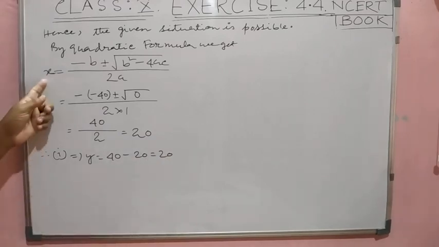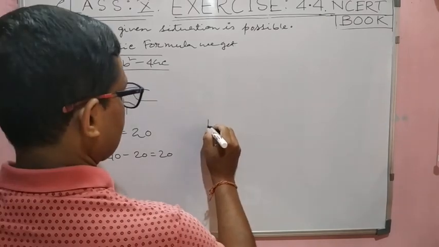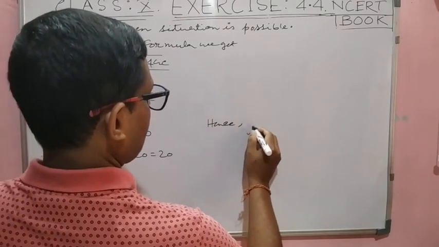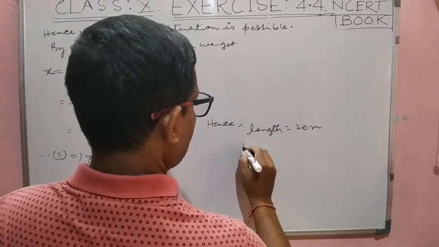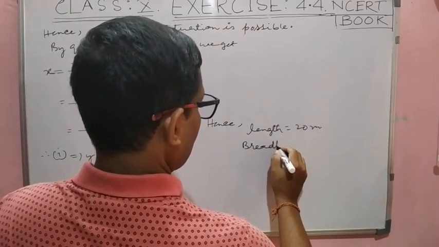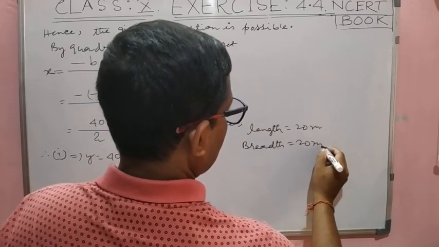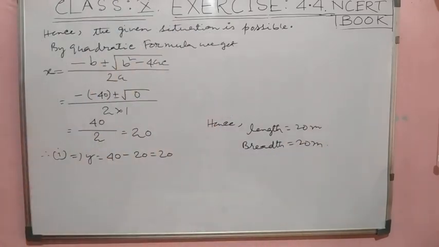Thus value of x is 20, value of y is 20. Hence length equal to 20 meter, breadth equal to 20 meter. So this situation is possible, and we get the length as 20 meter as well as breadth also 20 meter.